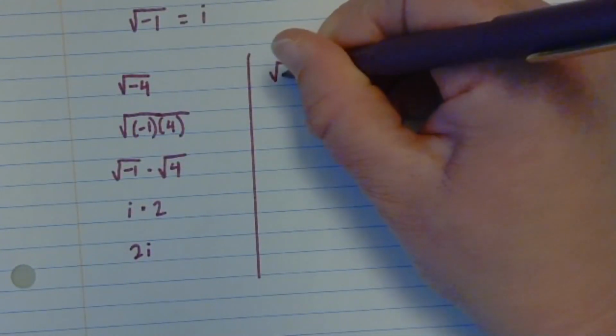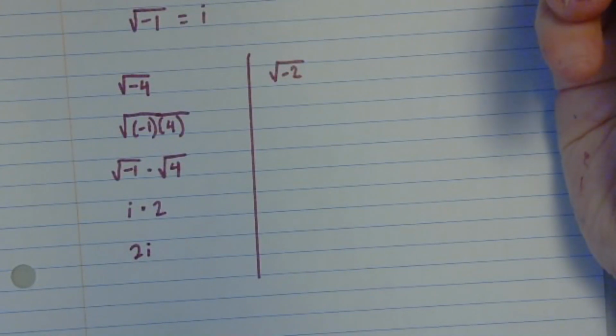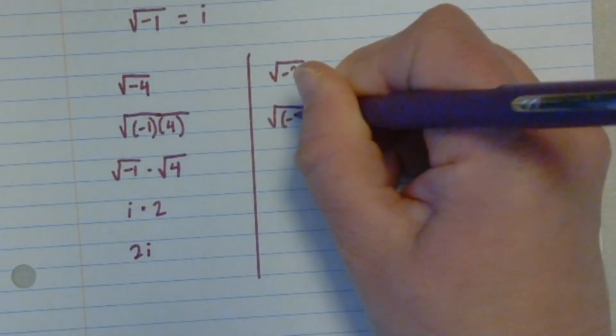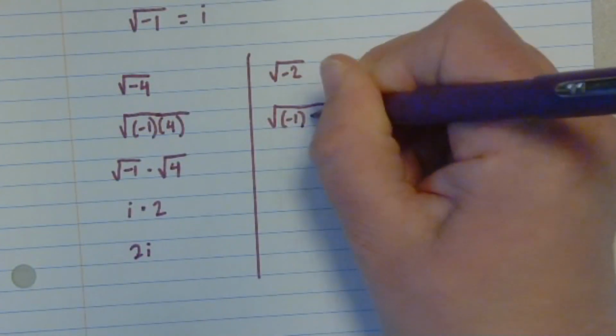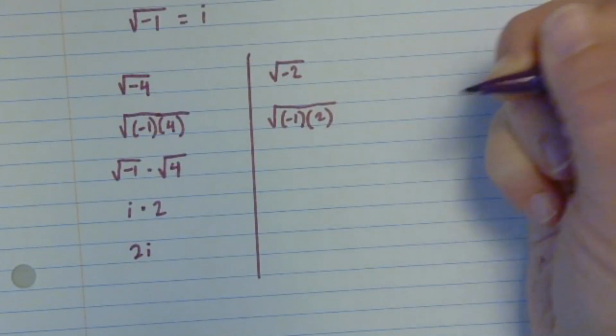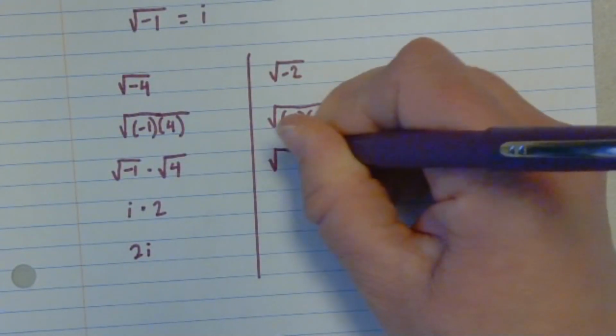Of course, not all numbers are perfect squares. If I have something like the square root of -2, I'll start the same way. Break that into the square root of -1 times 2. And break those into their separate square roots.